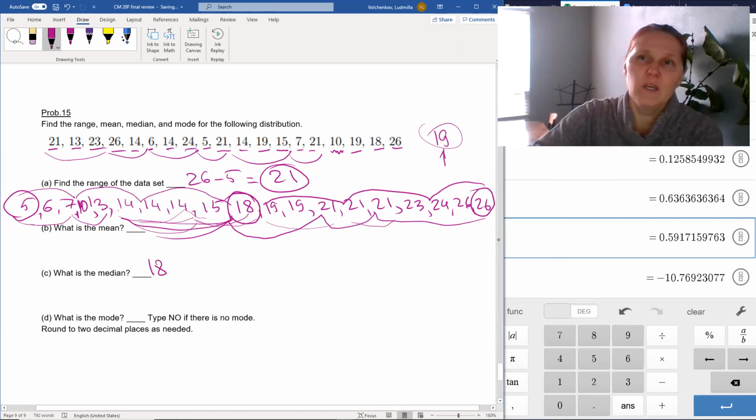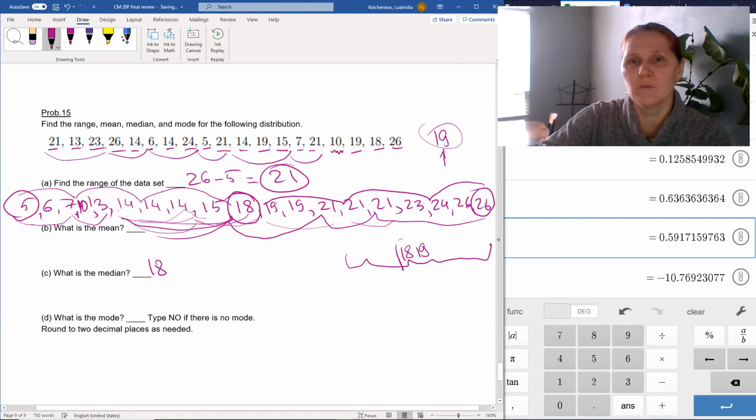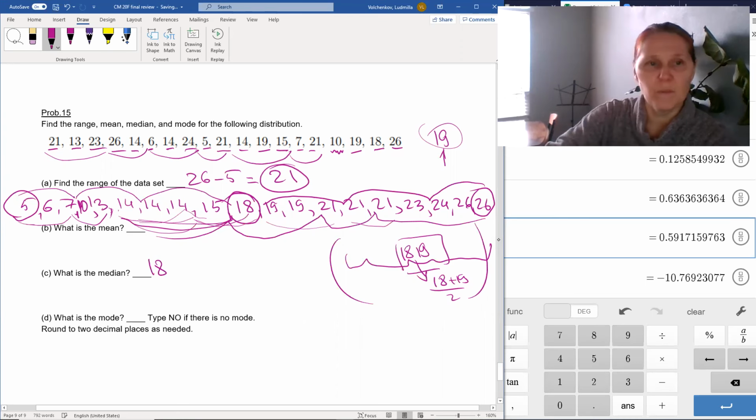If there are an even number of values, for example if 18 and 19 are in the middle, the median will be the mean of these two numbers. But it's not the case in this example.